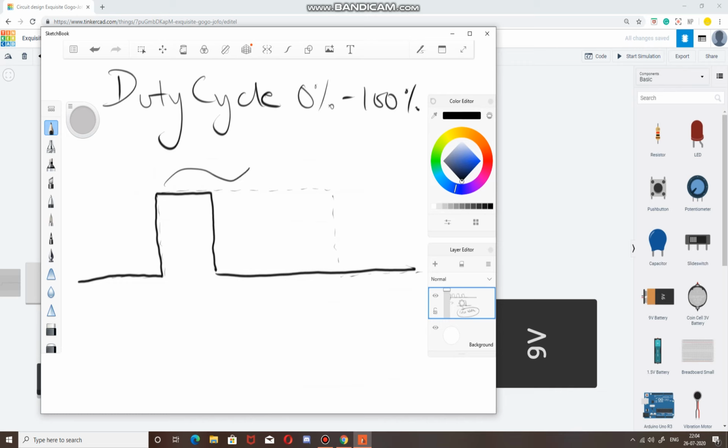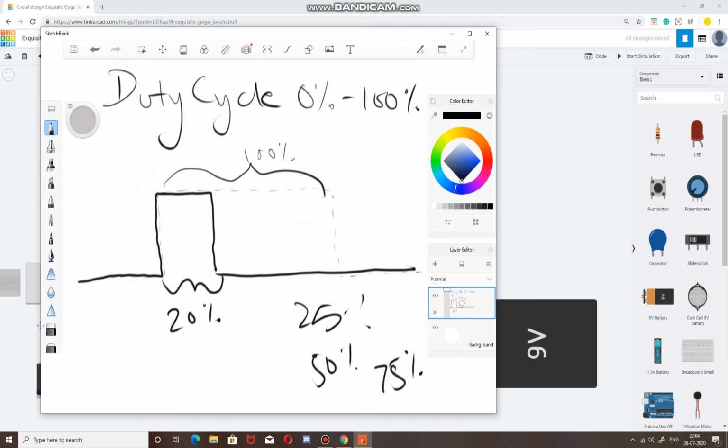See, this whole part is 100%, no doubt, but if I say to generate a 20% duty cycle waveform, this part is 20%. It looks a bit odd here, but just assume it as 20%. Now this is what we call a 20% duty cycle. The duty cycle can be 25%, 50%, 75%, or 80%, it can be anything, as long as it is within the range of 0 to 100.